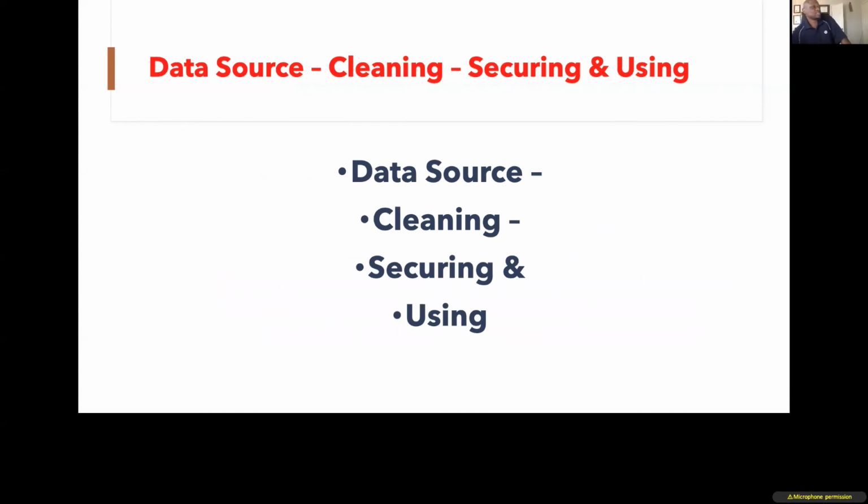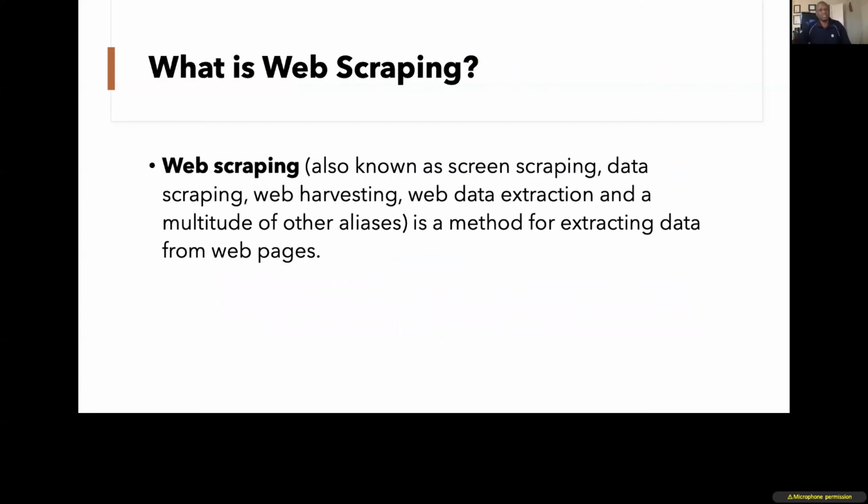Now we have the data source: cleaning, securing, and using it. We talked about web scraping, which is huge. When you don't have the data but need to come up with a dashboard, you probably want to rely on some real serious data, like Johns Hopkins data, or you go to Google and get some serious data. There are websites we use, for example Kaggle and data.world, which have some of the data available.